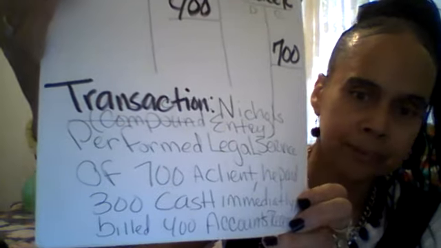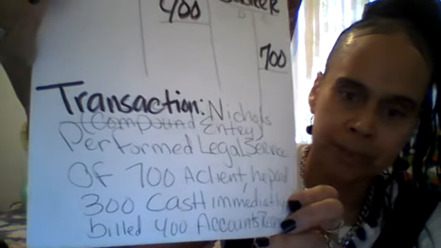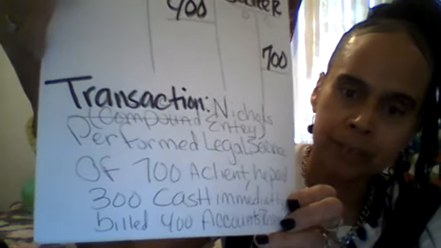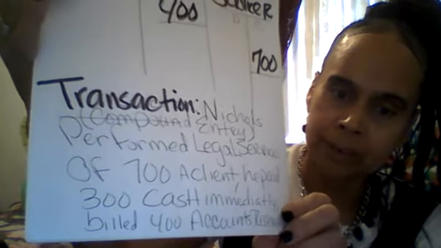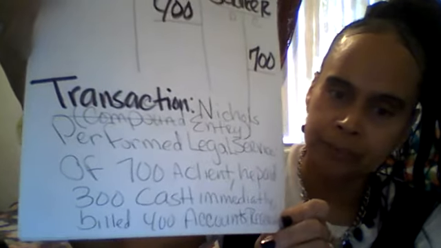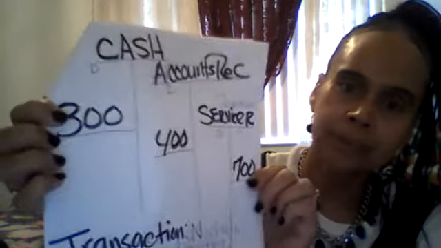The transaction performed legal services of $700. $300 came in for cash, so I want to debit my cash $300, and then the balance would have been $400, accounts receivable. So those are the three accounts. Usually in accounting, they always say that it affects two accounts, but that was a compound entry that affected three accounts.